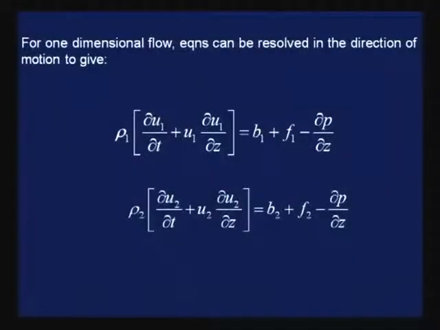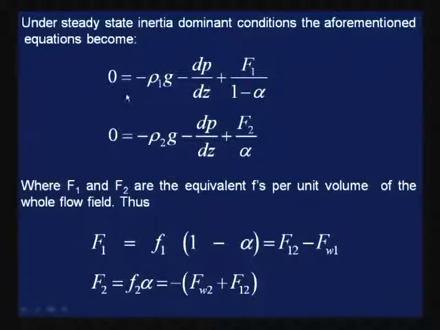If you notice this particular equation, first we had written it down for steady state inertia dominant conditions. Then in F1, F2 we had FW1 and FW2 and F12. Note there was no term considering F22 here, but if we have particle-particle interaction there should have been 1 plus F22 in this particular case.